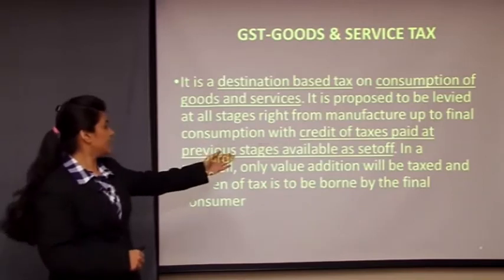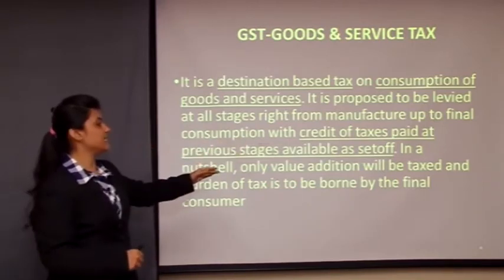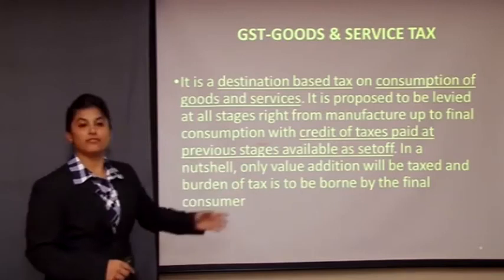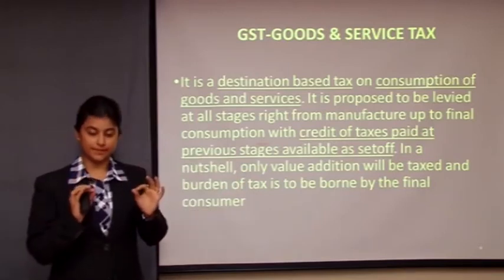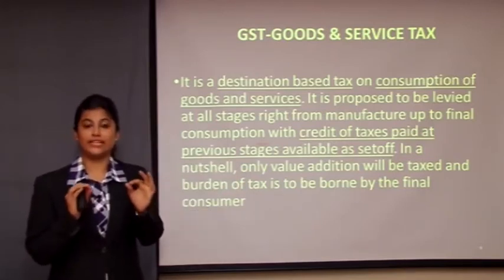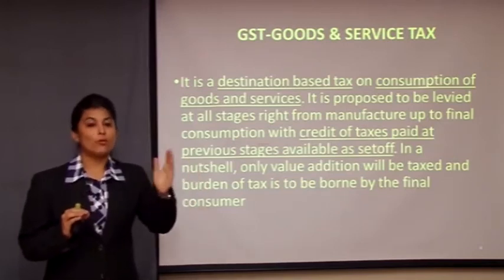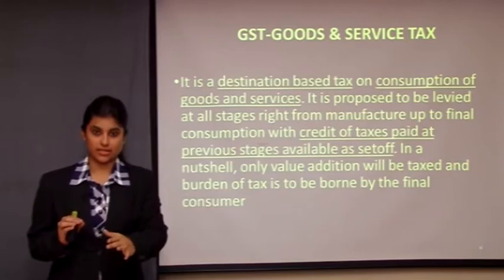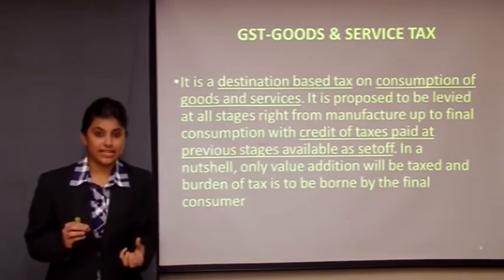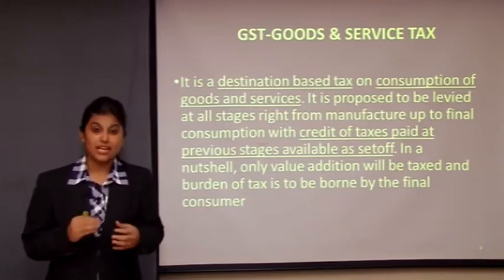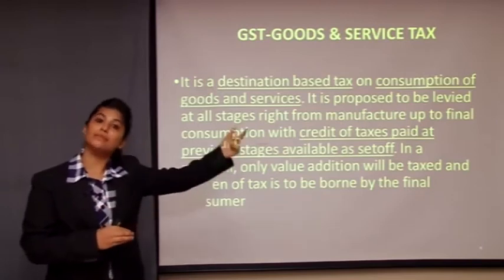But with the credit of taxes paid at previous stages available as a set-off, the most important thing, credit of tax: when the producer is paying some tax on his product while selling it to the wholesaler, the wholesaler will get a credit of the amount of tax paid by the producer.